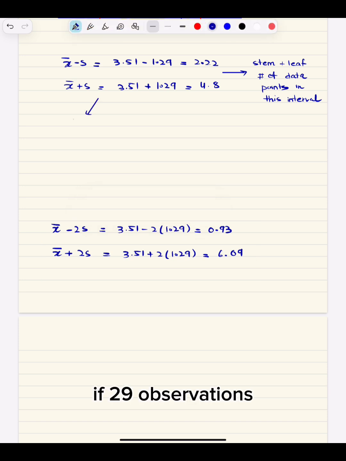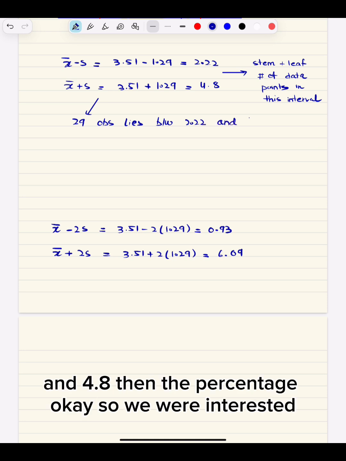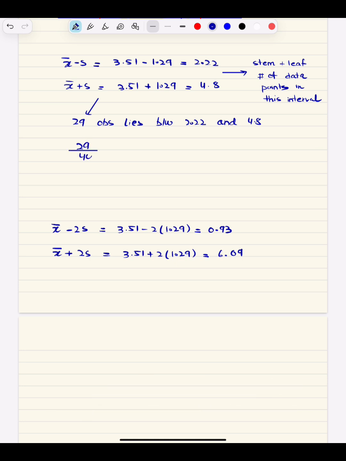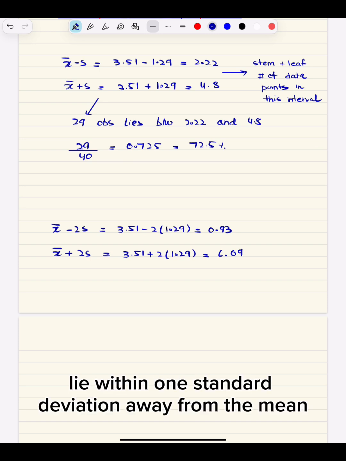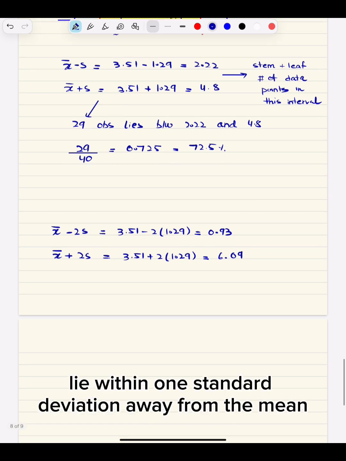If 29 observations lie between 2.22 and 4.8, then the percentage is 29 divided by 40, which is 0.725. So 72.5% of the observations lie within one standard deviation away from the mean.